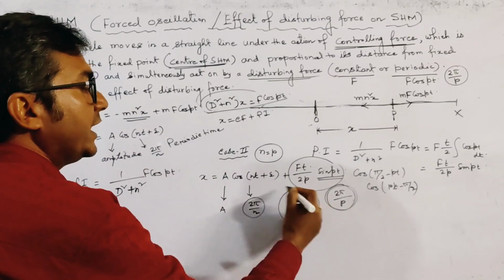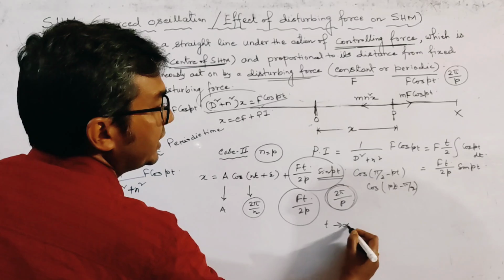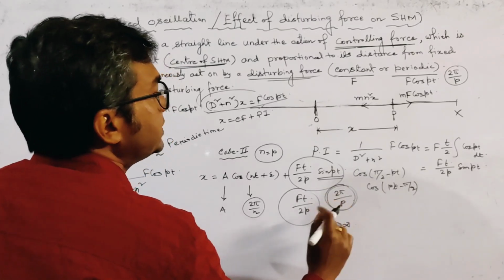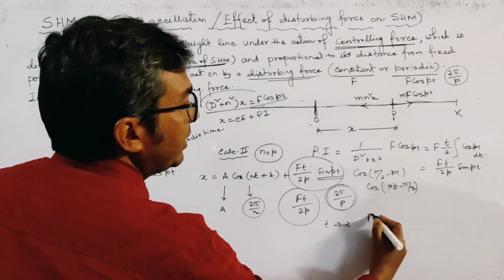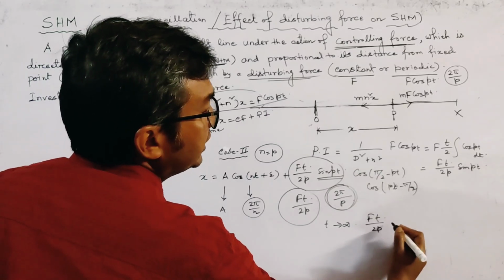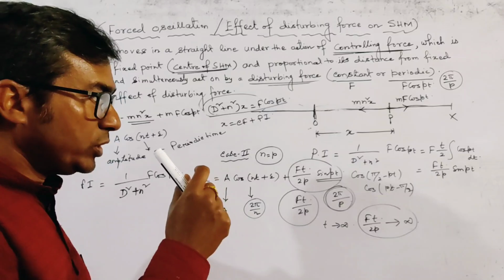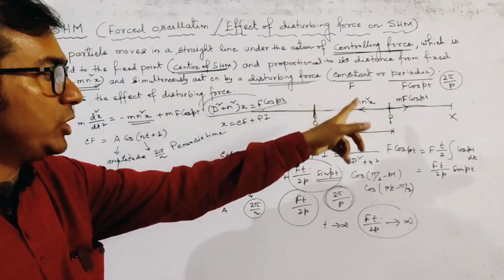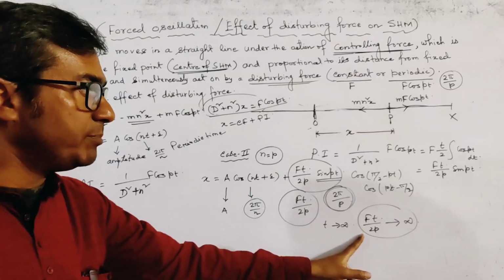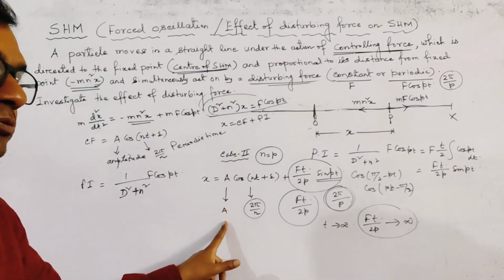But it is clear that with time, as t tends to infinity, the amplitude of the disturbing periodic force, ft by 2p, also tends to infinity. We give priority to the disturbing periodic force because this amplitude is very large compared to A, which is a constant amplitude.